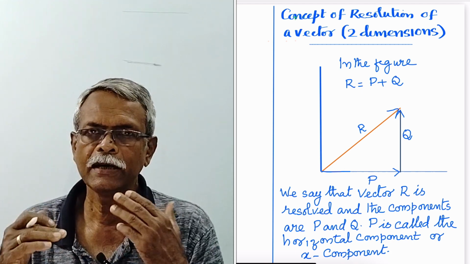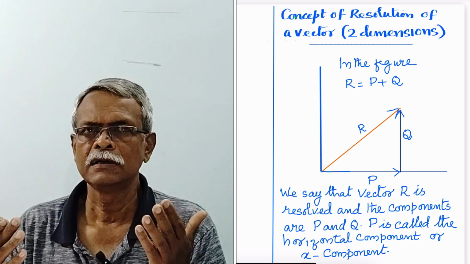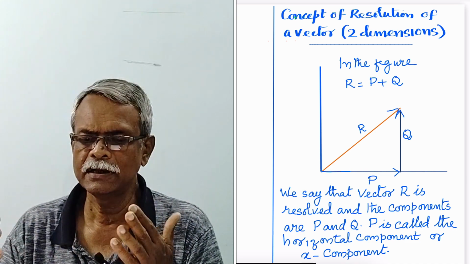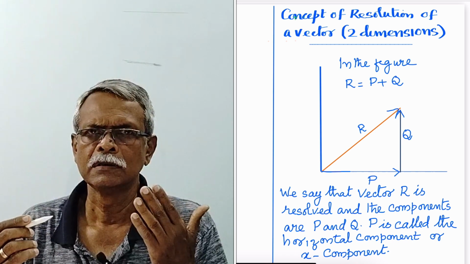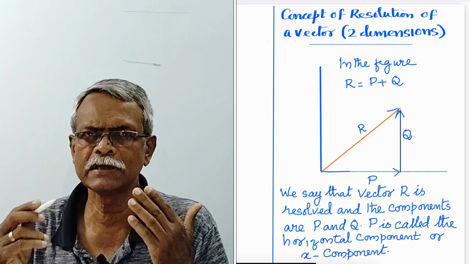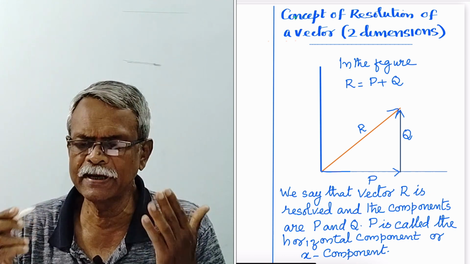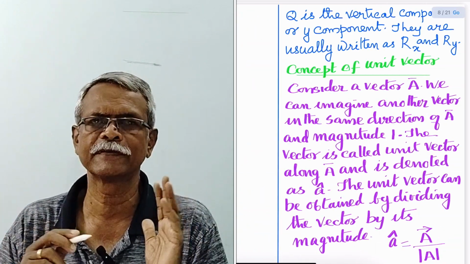Therefore, we can find for any vector an X component and a Y component. To make it more meaningful, we find a method to represent a vector in terms of unit vectors.